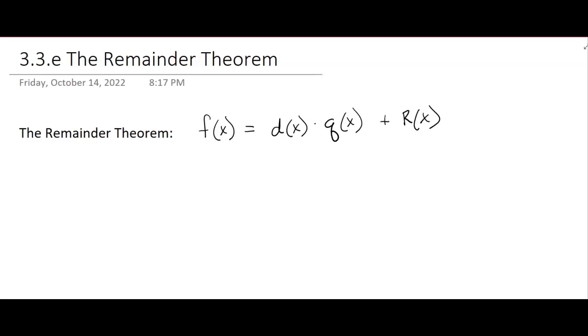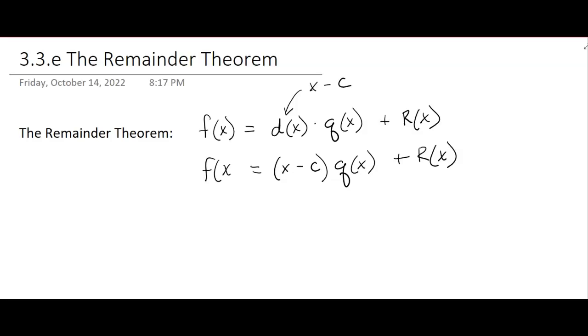Well, what if the divisor is x minus some number, x minus c? Then I would have x minus c times some quotient plus some remainder, which equals the polynomial f of x. Let's say you want to evaluate the function at c.